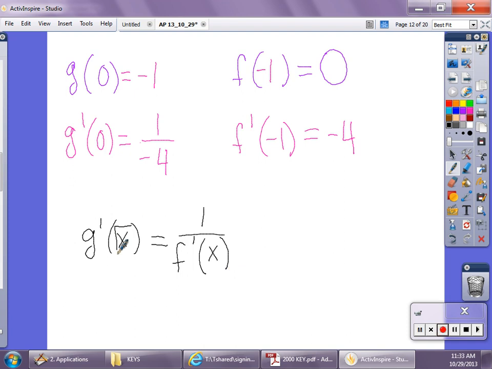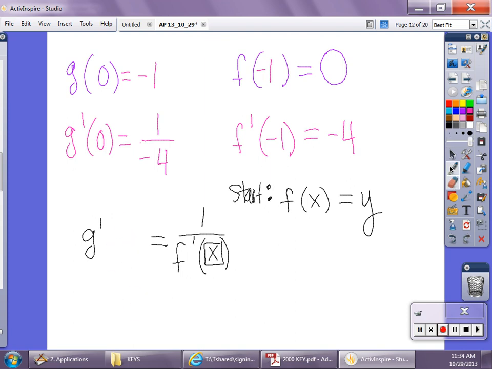This is the problem. If we keep writing x, it has to mean the same x. So you have to define it. You have to start off with something. If I start with f of x equals y, then does it make sense that I can fix this for you?